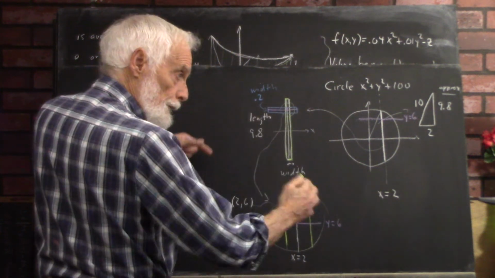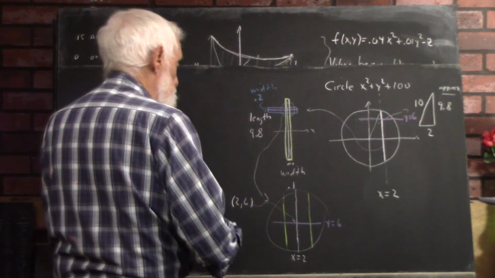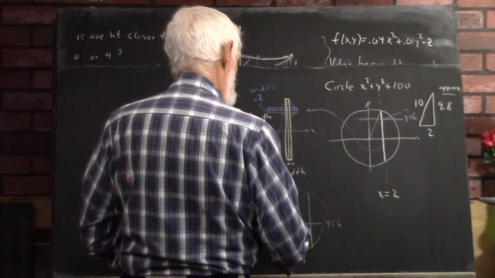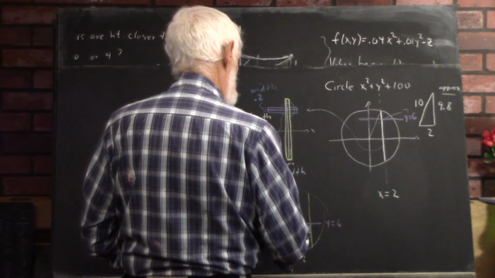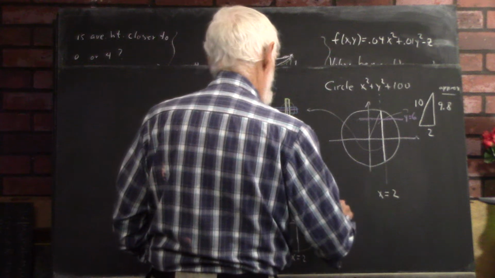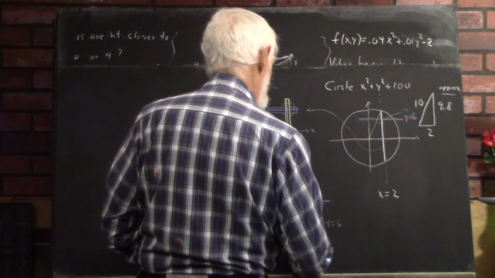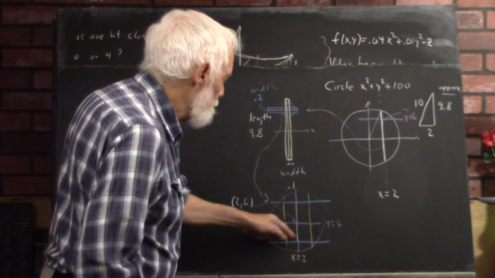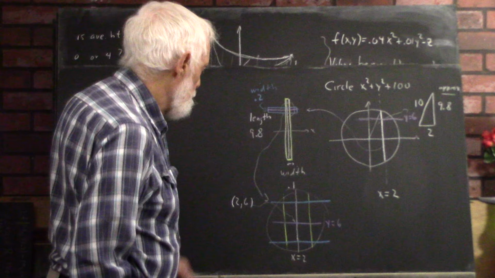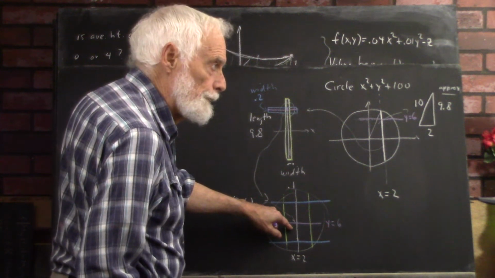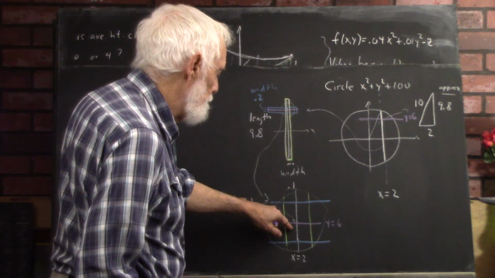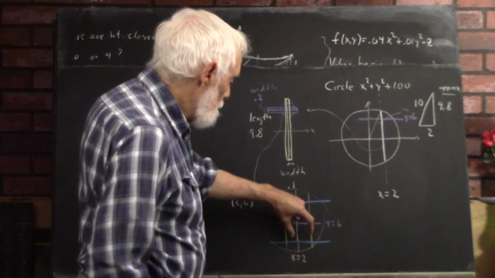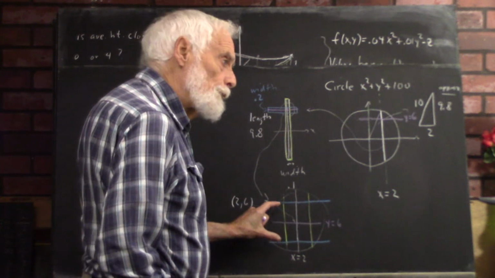Okay, that's the green region now expanded. And get the right color here. The blue region. So we've got this rectangle containing the point (2, 6), and its dimensions are 1/10 of a unit this way, 2/10 of a unit this way.